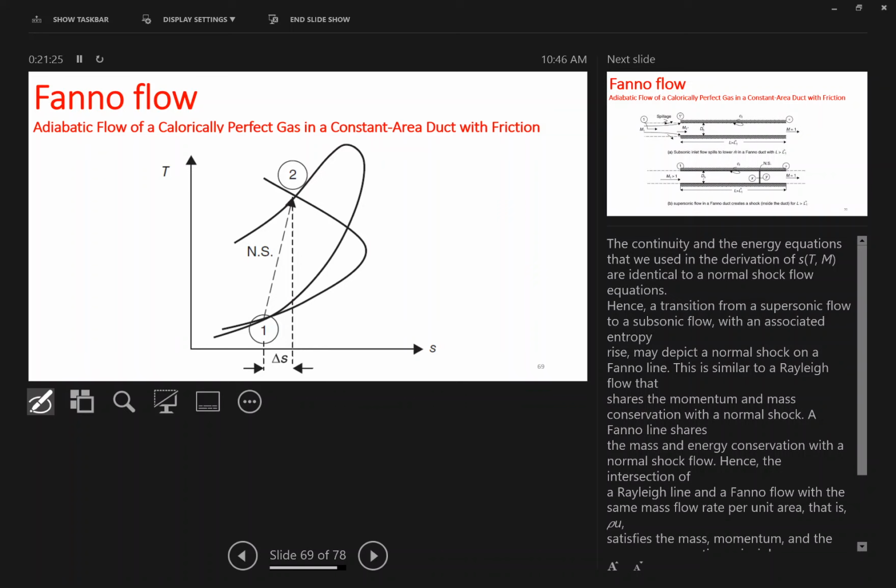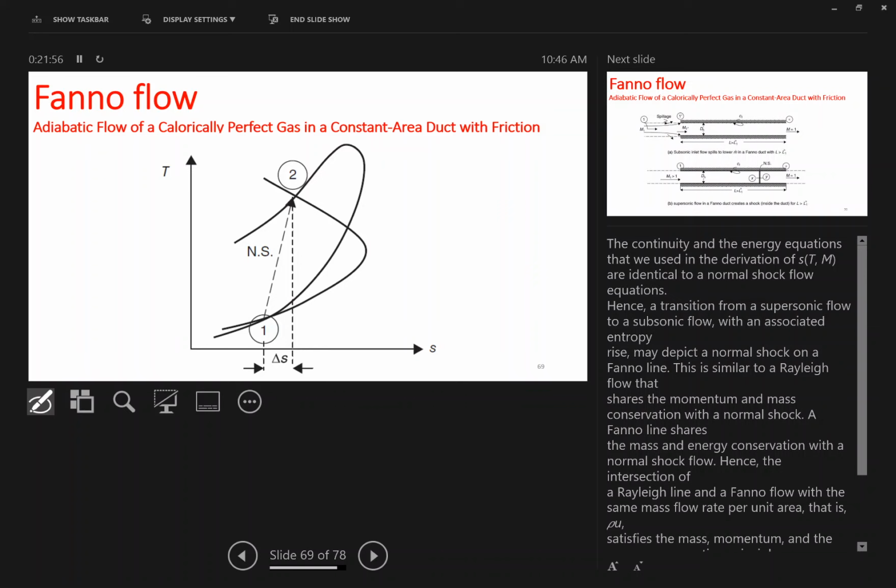Okay? How can you do that? It's pretty simple. If you have the TS diagram for a specific type of flow, for Rayleigh and Fano conditions, for a specific type of gas, the intersecting points of the flow, this part 1 and part 2, are essentially upstream and downstream of the normal shock wave.